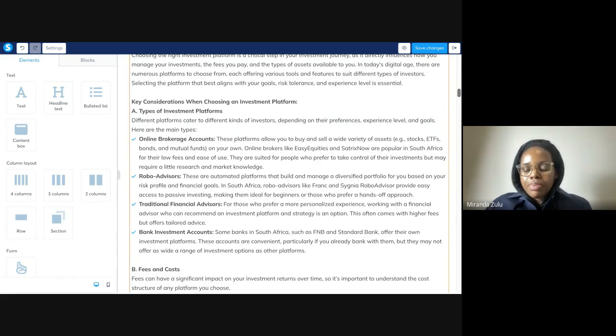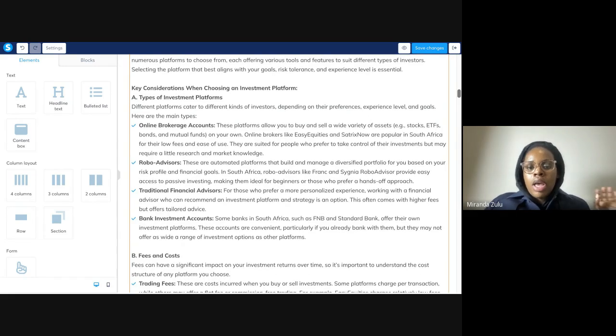And a lot of those online brokerages that are famous, that we all know, I'm quite sure, Easy Equities, Satrix now, are very popular because of their low fees and ease of use. But this is an example of online brokerage accounts, and they're suited for people who prefer to take control of the investments. So the name that is given to people who do use these platforms is retail investors. So it's people like you and I, individuals.